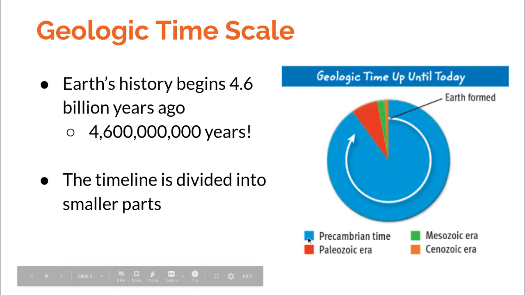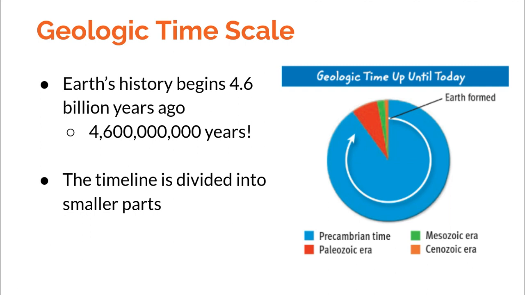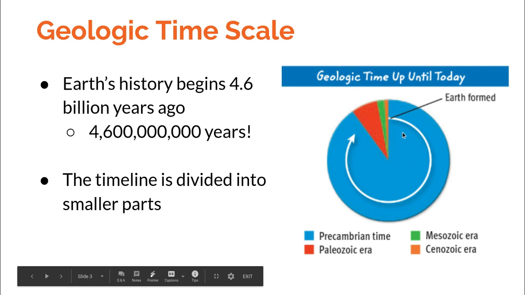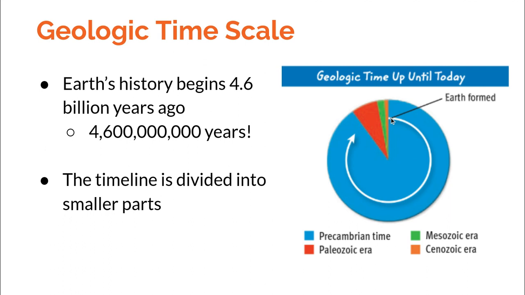If you take a look down here, these are the 4 names of the eras or pieces of time that we're going to talk about. Most of Earth's history, as you can see in blue, from the time Earth was formed until the end of this first era, the Precambrian time, is in this first era.